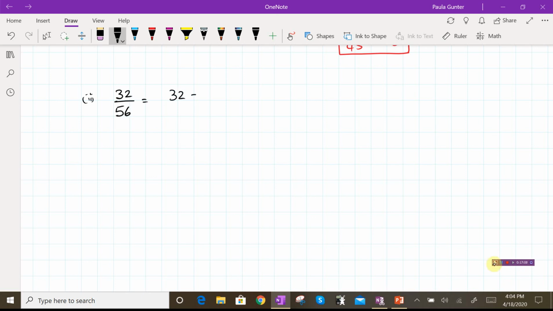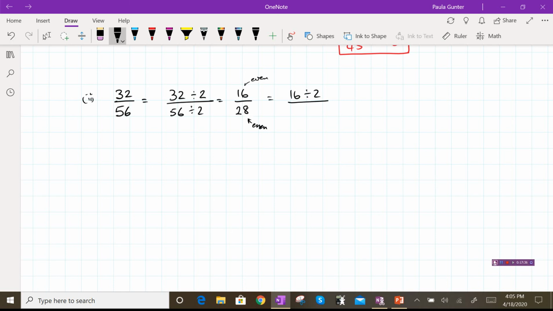We see that both of them are even, so the smallest number I could divide by is 2, and we end up with 16. 56 divided by 2 would be 28, and it's still even. These are both even numbers, right? So we need to continue.